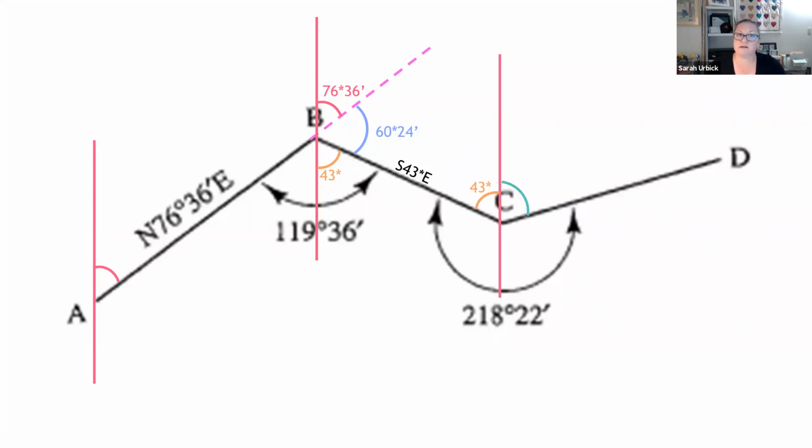What do we get? 180 minus 98 degrees, 38 minutes.